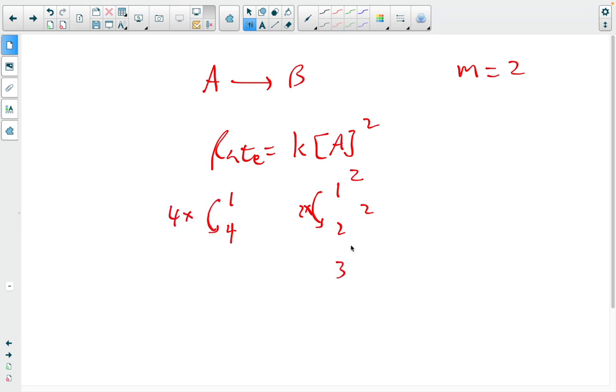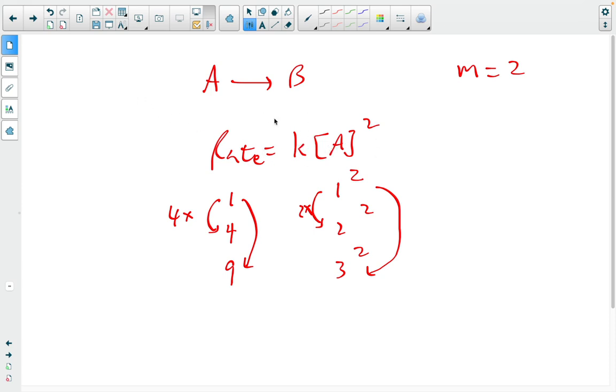And if I were to triple the concentration of my original reactant, you will see that my rate actually goes up 9 times because it's going up by the square of this. So what we're noticing here is that as I increase the concentration of my reactant, my rate actually increases by the square of that. And this is very handy.